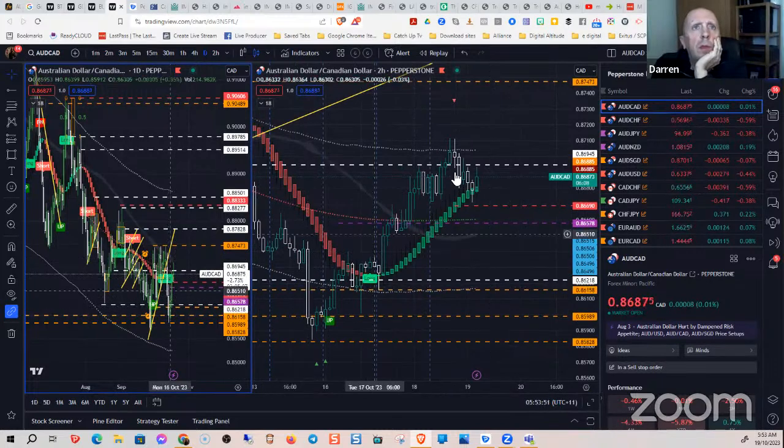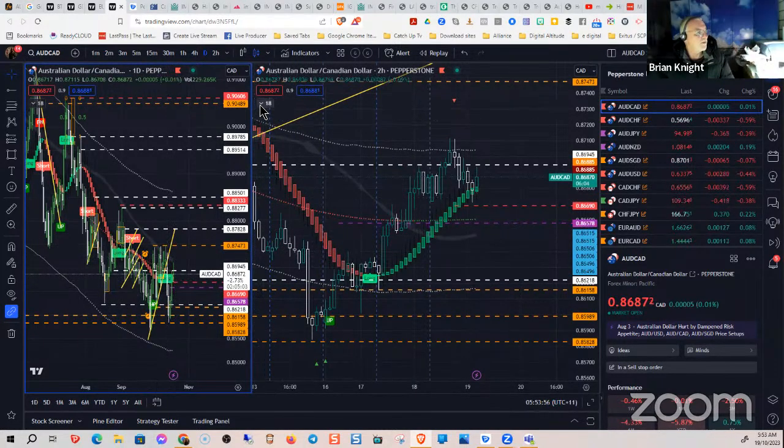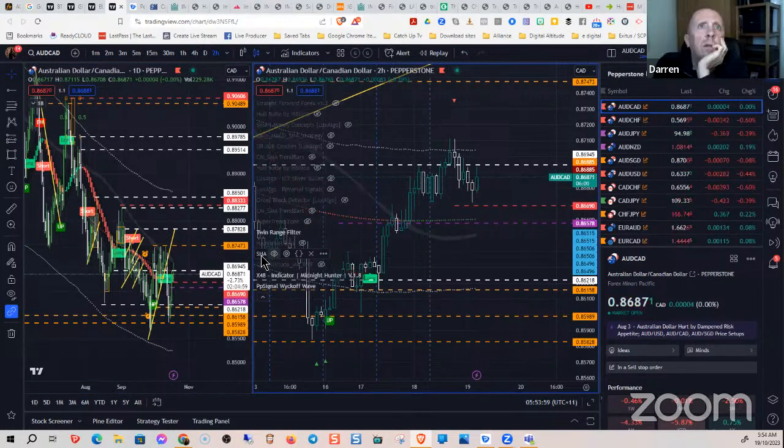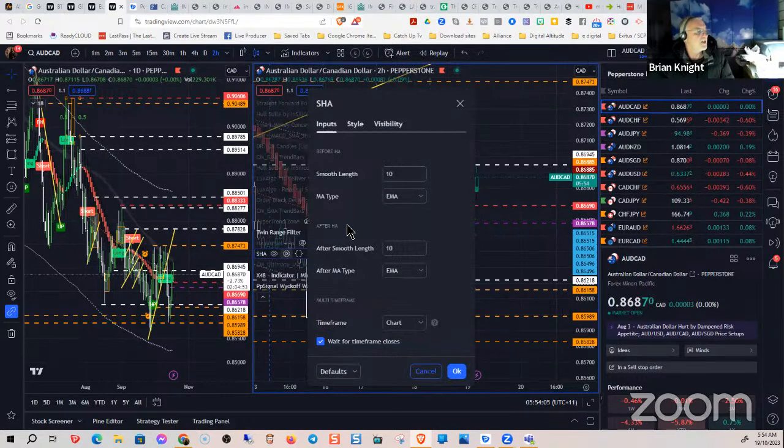Is that on the twin range filter, or what was that ribbon? No, that ribbon is on the SHA. All right, I haven't got that. SHA, all right. And the settings are 10 EMA and 10 EMA. That's all it is.